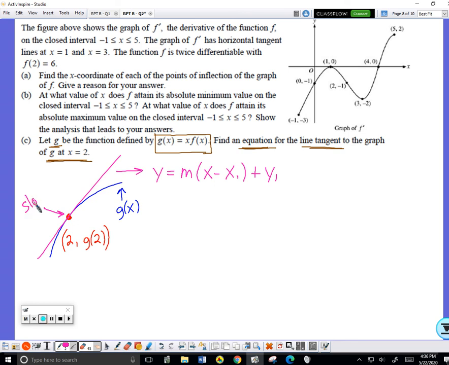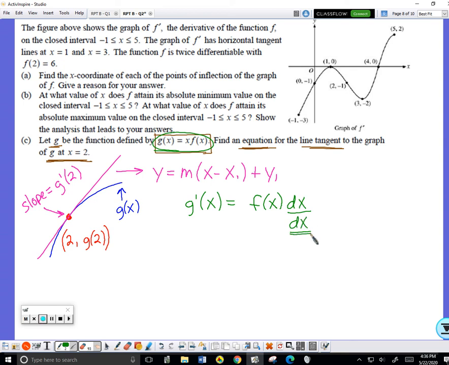since it's the slope of g, the slope at that point is g prime of 2. So I can go find g prime, because here's g. So g prime of x, got to do g prime of x first, product rule. f of x multiplied by dx over dx.